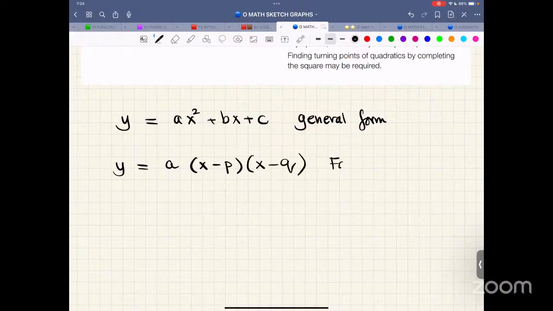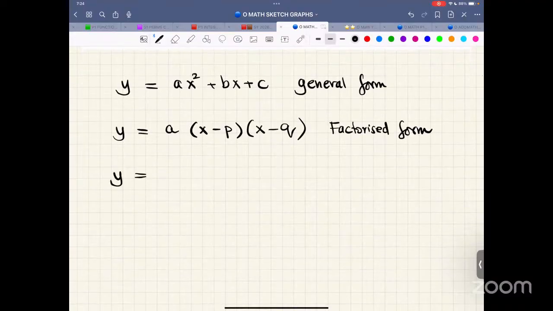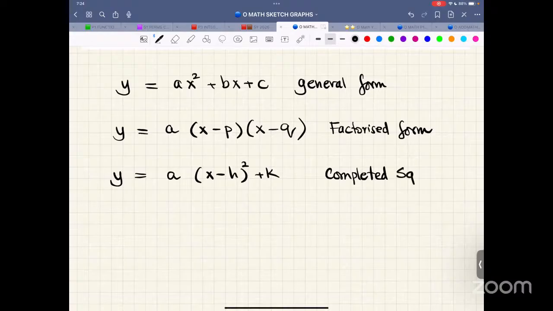That is the factorized form. And then we have y = a(x - h)² + k. That is the completed square form, or the form that you get after completing the square. So these are 3 formats.